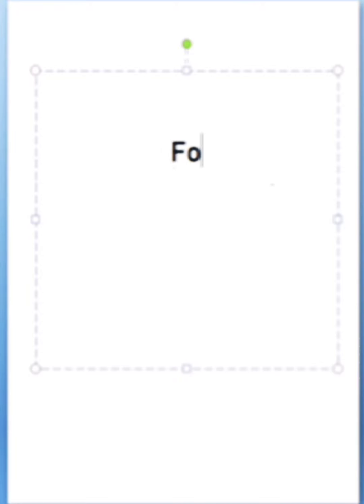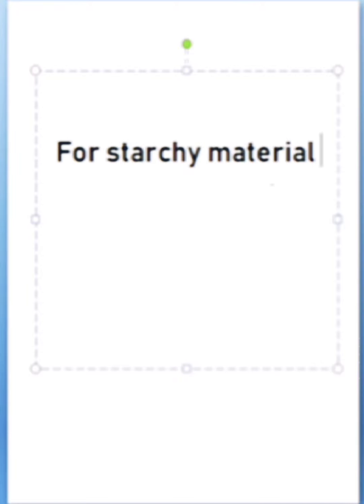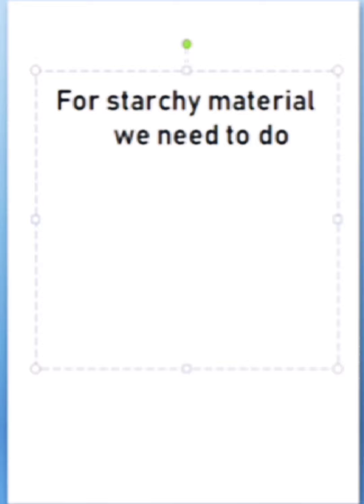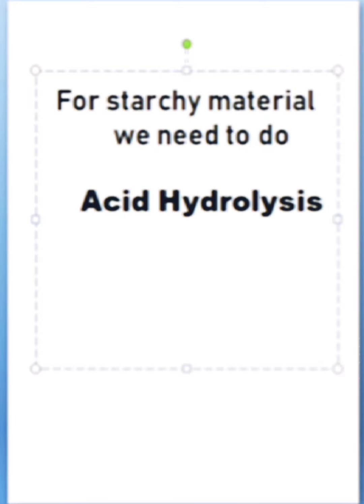If the raw material is starchy, then we can do acid hydrolysis treatment in which sulfuric acid will convert starch into saccharified starch, which can then be used for ethanol production.